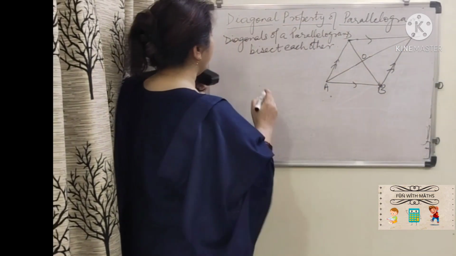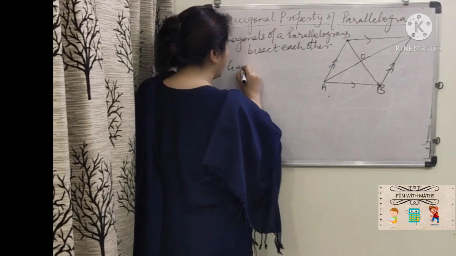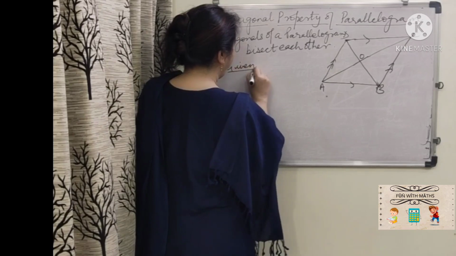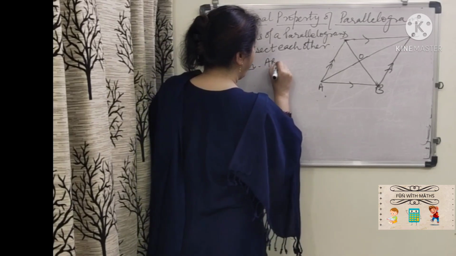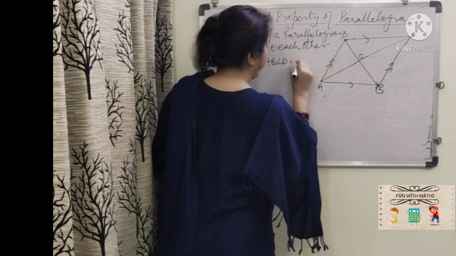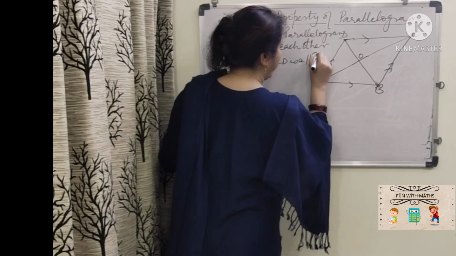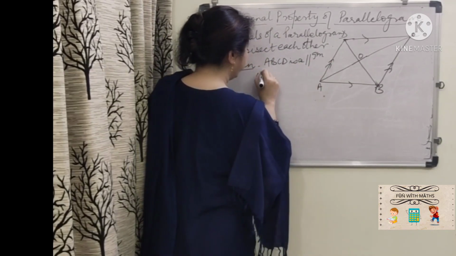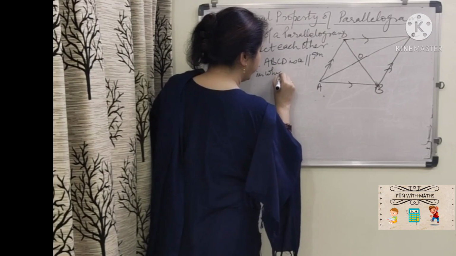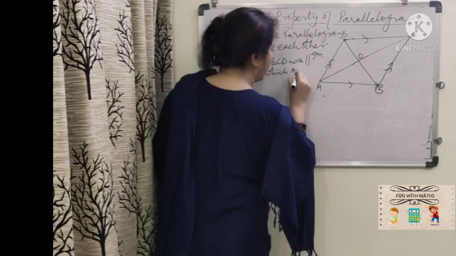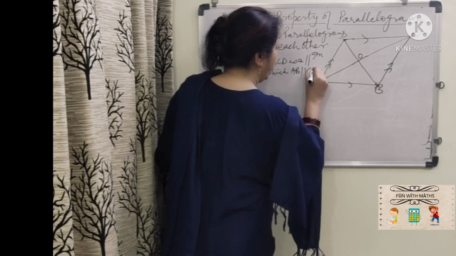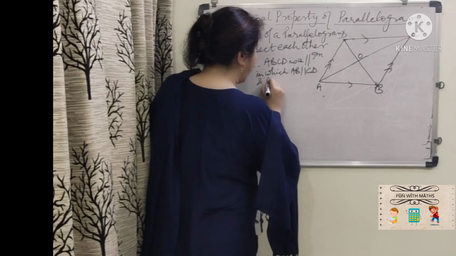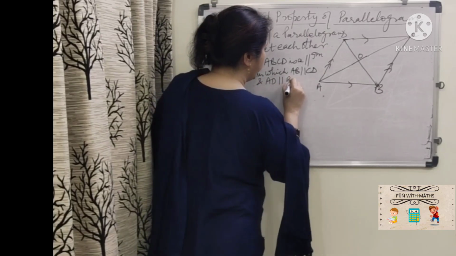So given is ABCD is a parallelogram, in which AB parallel to CD and AD parallel to BC.